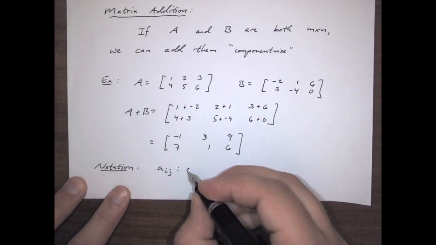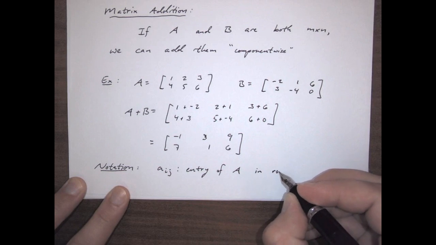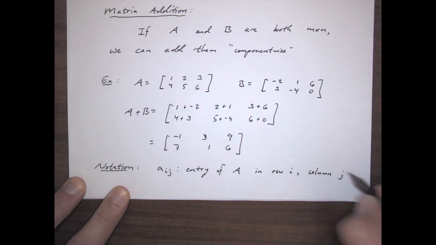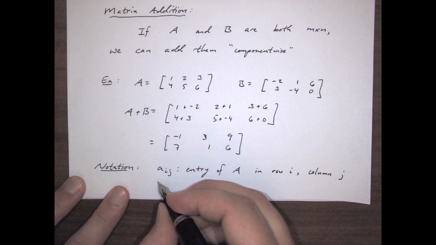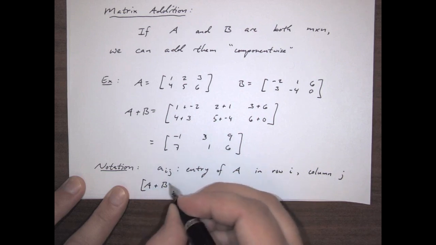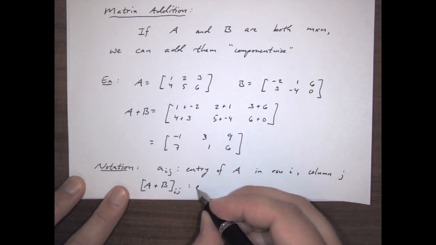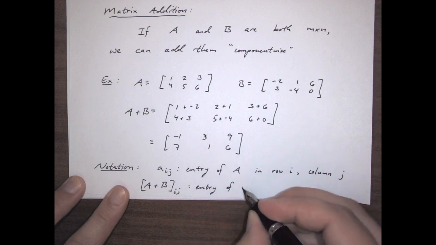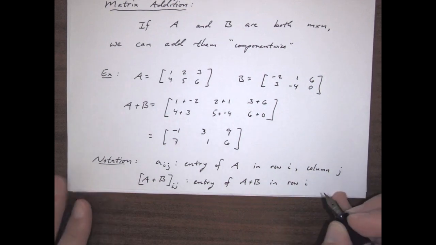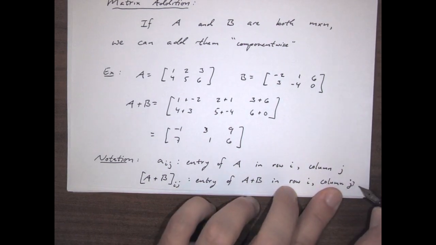So this is the entry of A in row i, column j, and then similarly for B. And then if I wrote something like A plus B, ij, that would mean the same thing, in row i and column j.